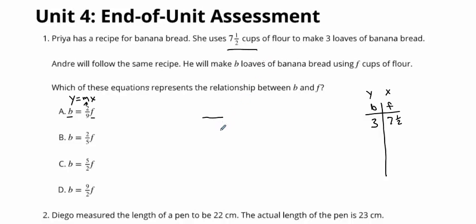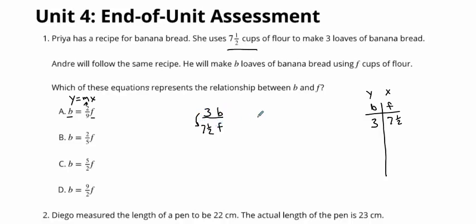So we want to put flour as the denominator and bread as the numerator. Bread is 3 loaves of bread per 7.5 cups of flour. If we divide these, it'll tell us how much bread per 1 cup of flour.